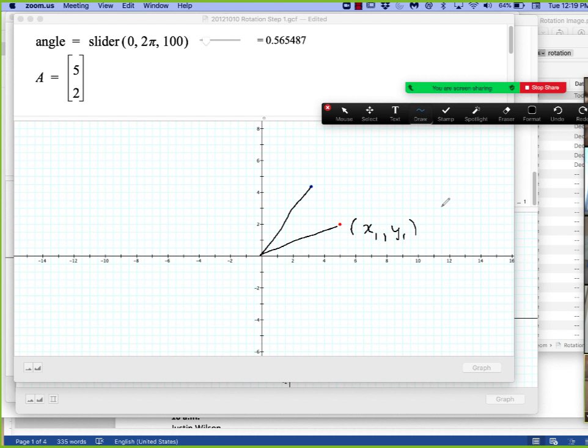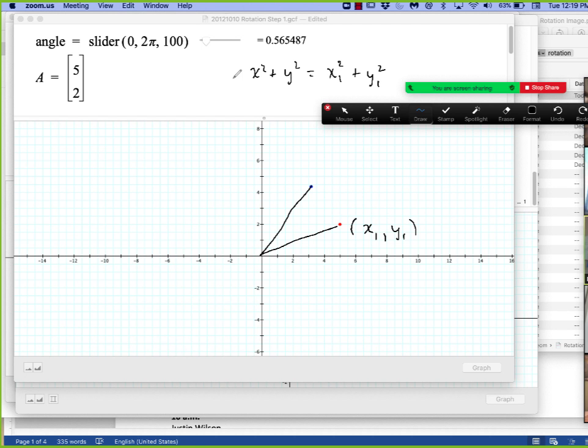Do you want to generalize the equation of the circle that it's going around? Okay. So what would that be? That would just really be x squared plus y squared equals r squared, which is x1 squared plus y1 squared.